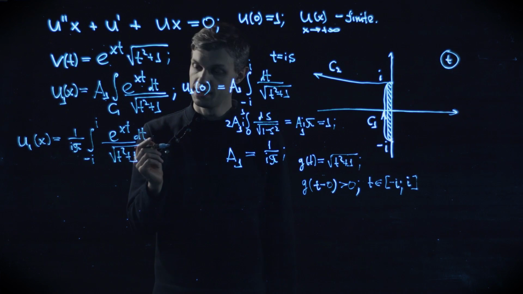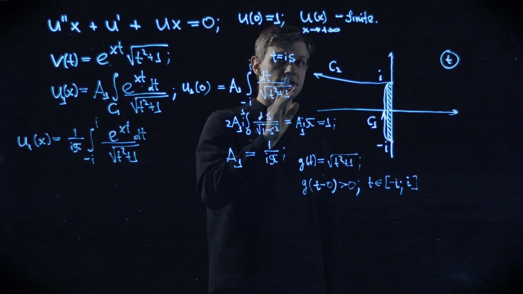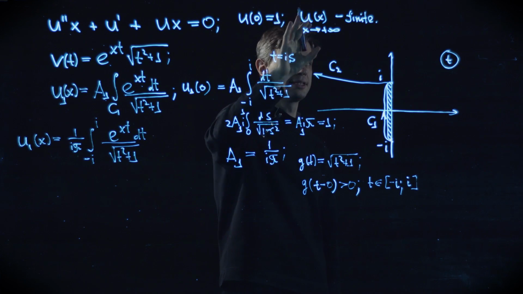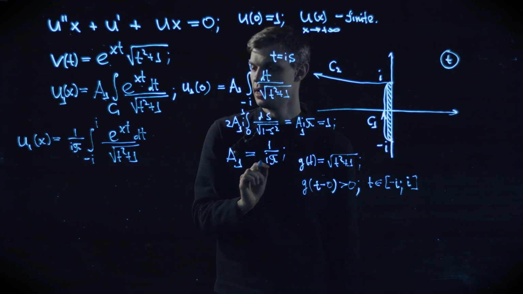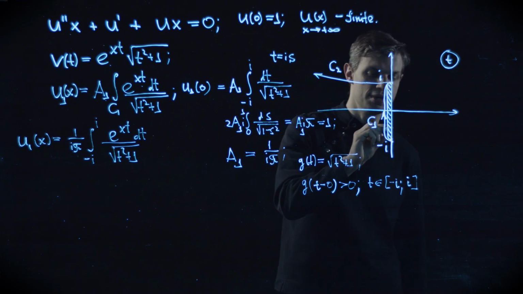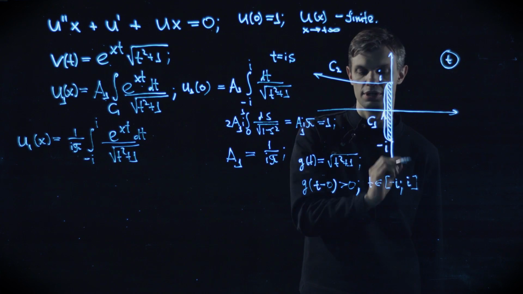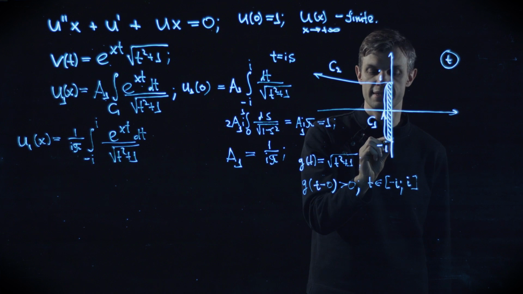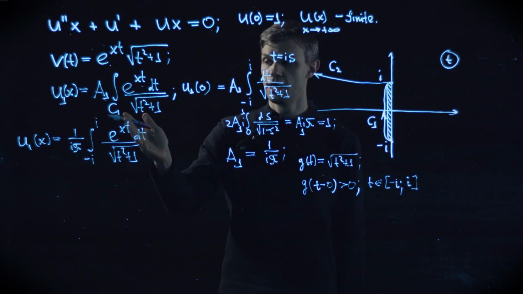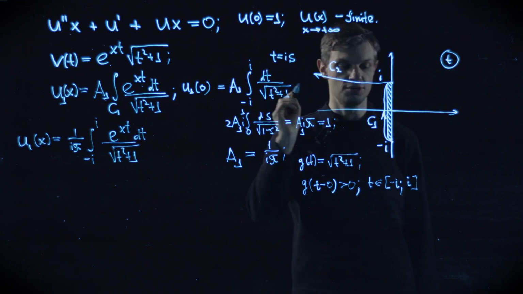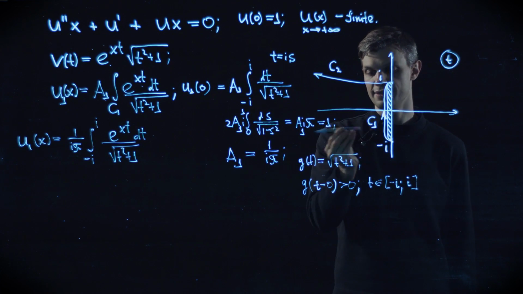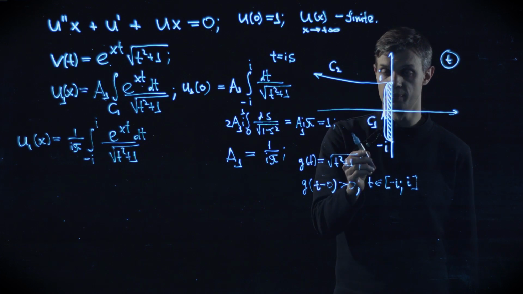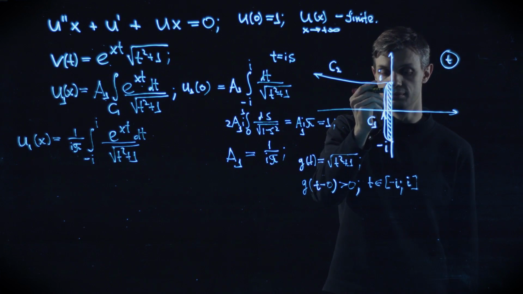And the logic is as follows. We are interested in the asymptotics when x is large and positive. So let's concentrate our attention on the vicinity of the point negative i. What is the steepest descent direction when we go from this point? We have this exponential, x is positive, so the steepest descent direction is obviously negative t, so we should move in this direction. And the same is here, by the way.